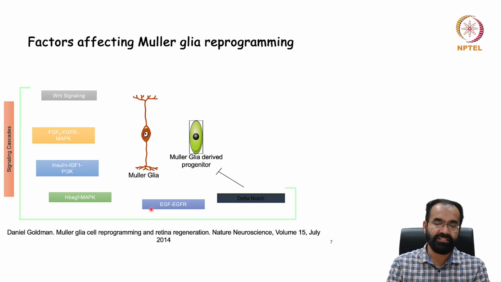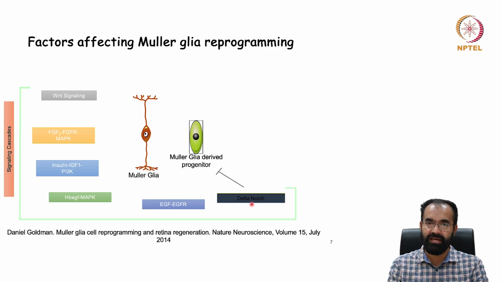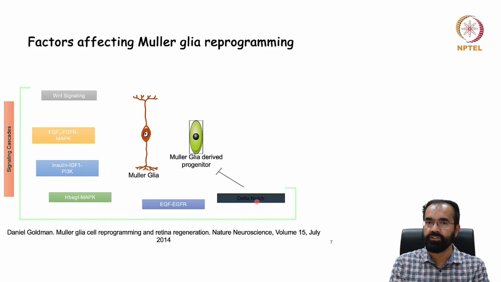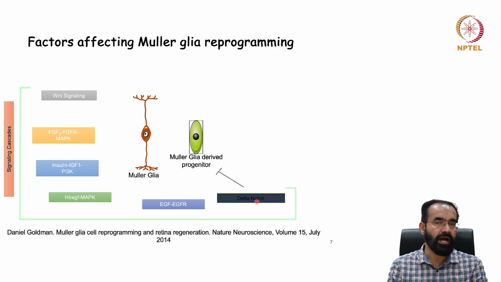But some pathways such as Delta-Notch signaling are not stimulating, but rather they are restricting. Restricting basically means just like you are tying your dog to a leash. If you have a dog and you unleash it, it will run around. But by tying it onto a thread, you are not completely stopping its movement, but you are restricting it.